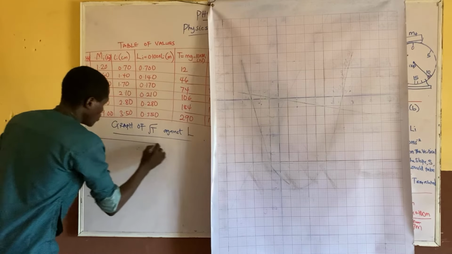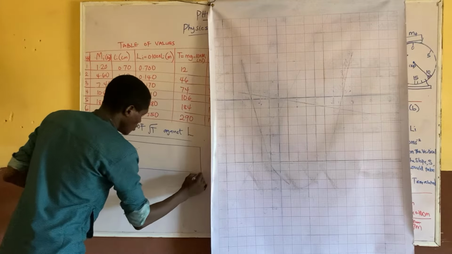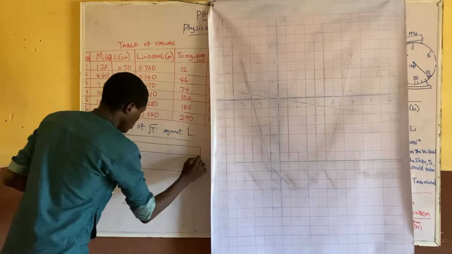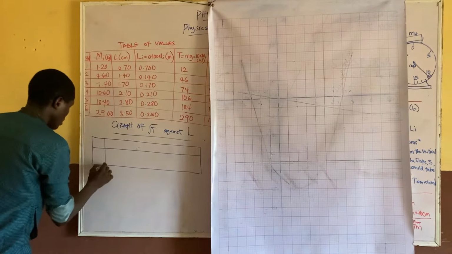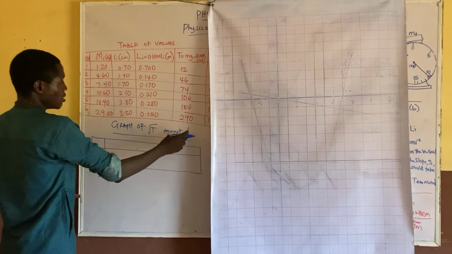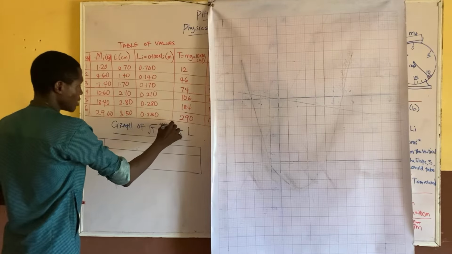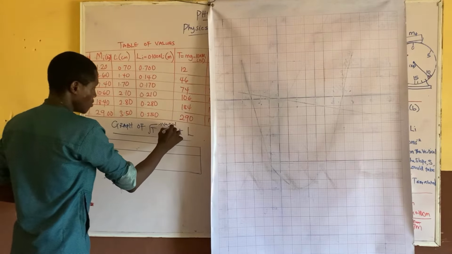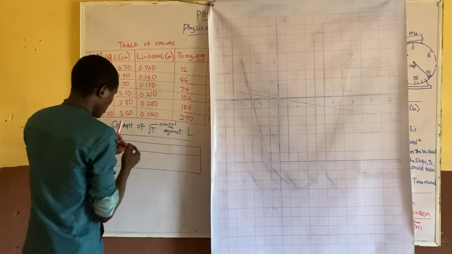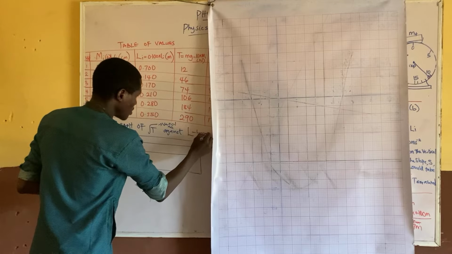They told us the square root of T is on the vertical axis, and L is on the horizontal axis.